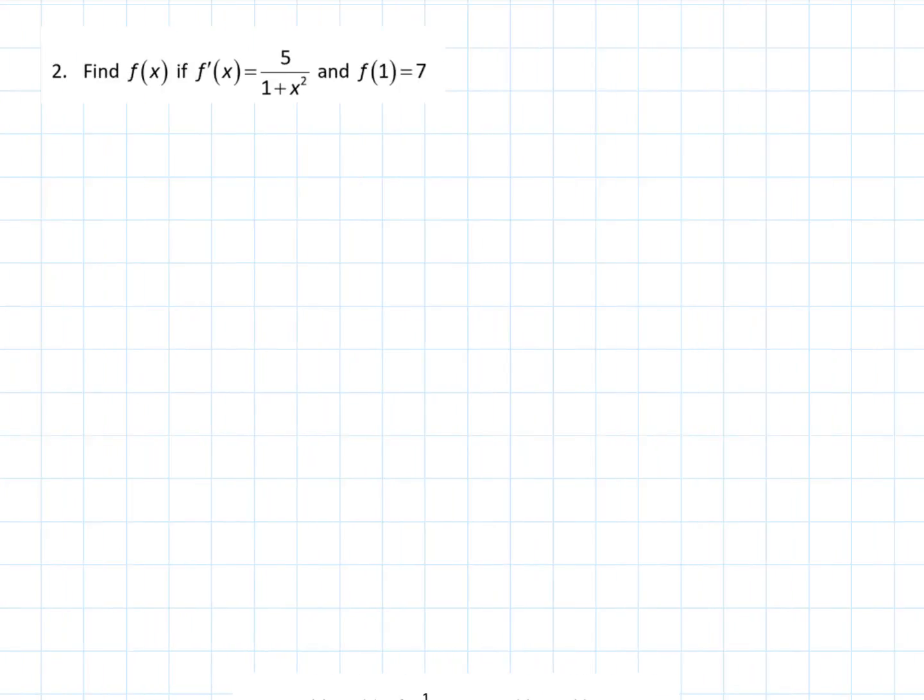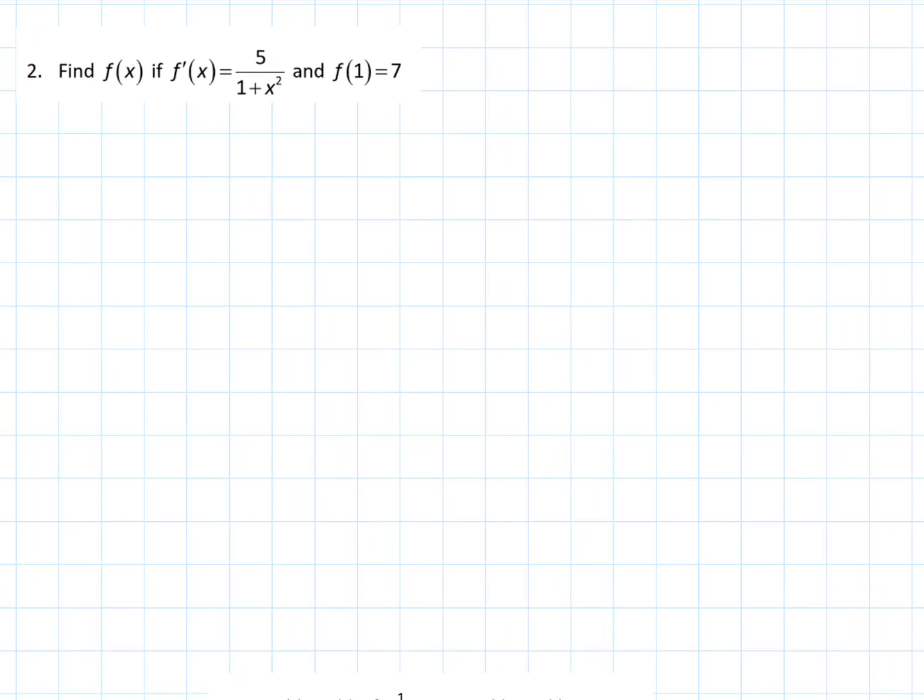Okay, let's take a look at another example. Once again, we are given f prime of x and asked to find f of x. So that's finding an antiderivative.